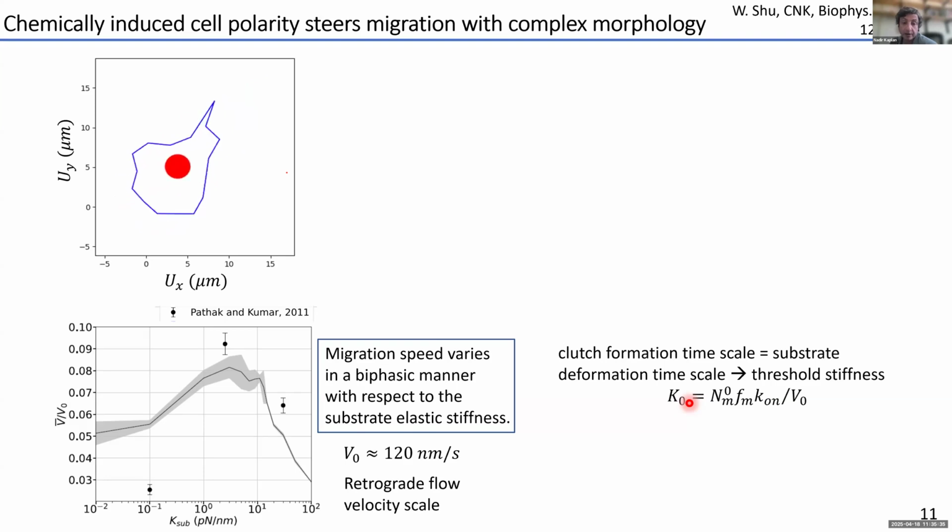From there, what I can qualitatively say is, if you have a soft substrate, the traction force takes time to develop on low stiffnesses, and it takes a short time to develop on high stiffnesses. But you also want your clutches to be in the formed state, so that you can actually transmit those forces.